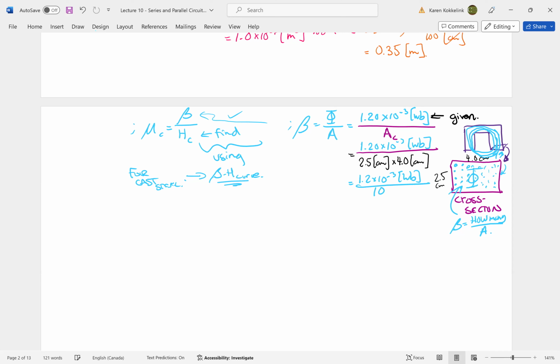And 2.5 times 4 is 10.0 centimeters. This time it's squared because I multiplied them together. And I can convert that to meters. Centimeters squared in 1 meter squared, there'll be a 100 squared in 1.